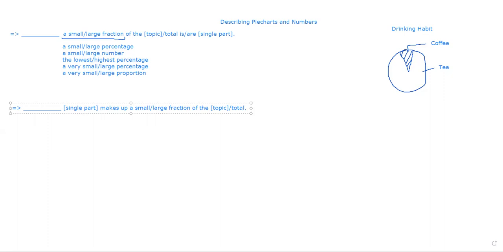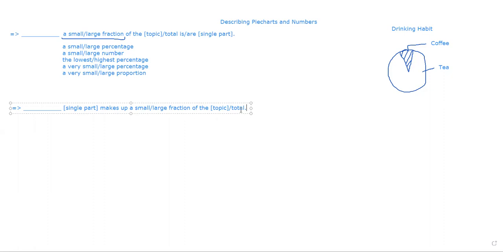For example, in the first strategy, we said overall a small fraction of the drinking habit is coffee. Now we are going to say overall coffee makes up a small fraction of the drinking habit, or a small fraction of the total.